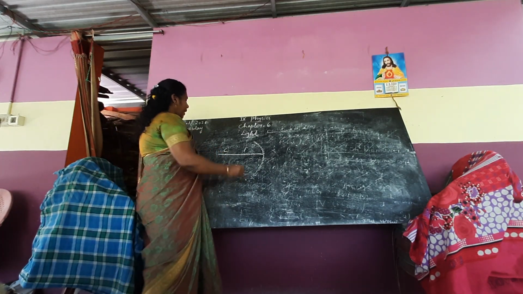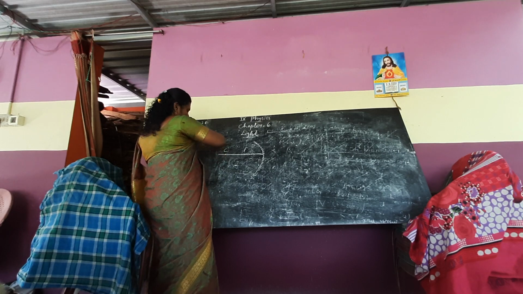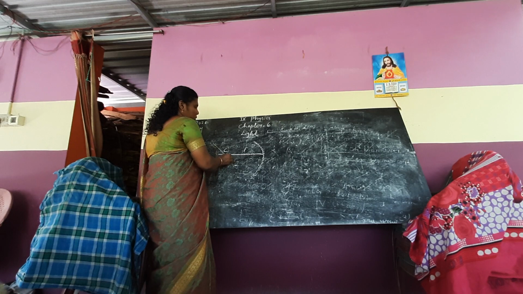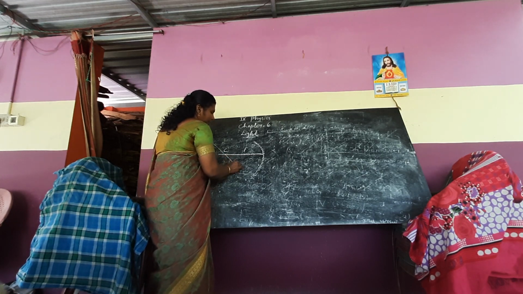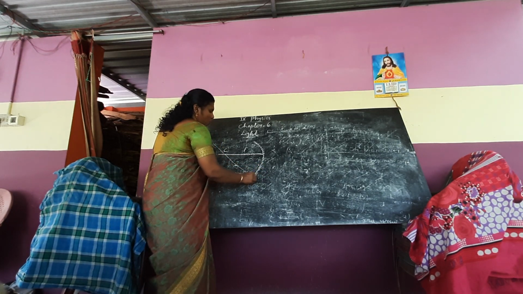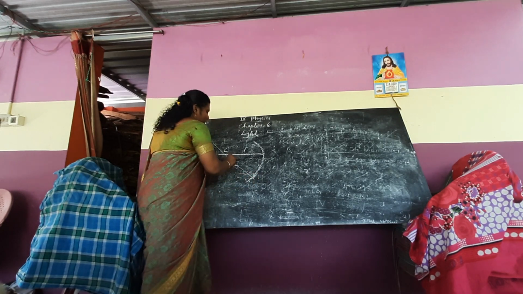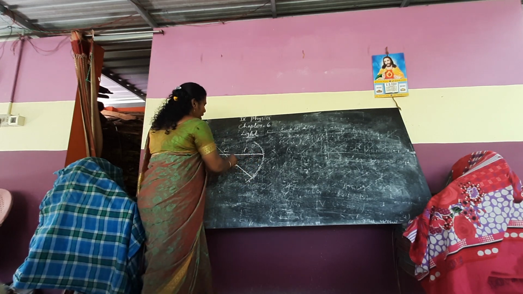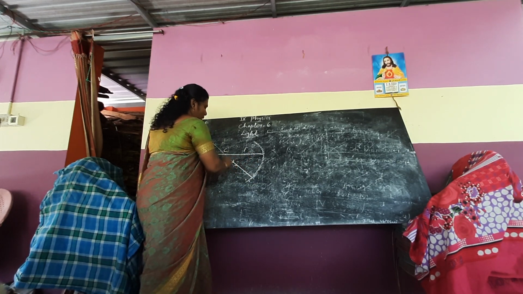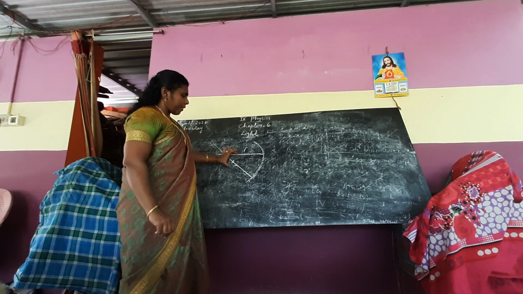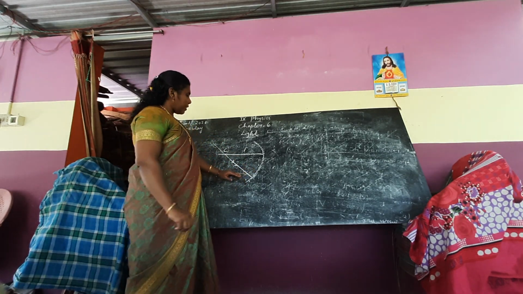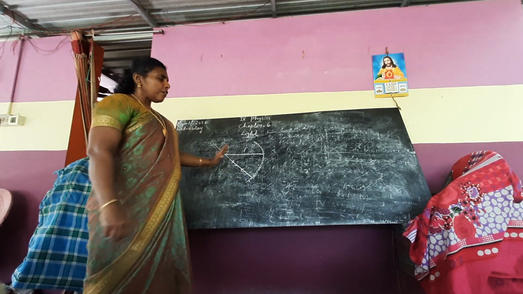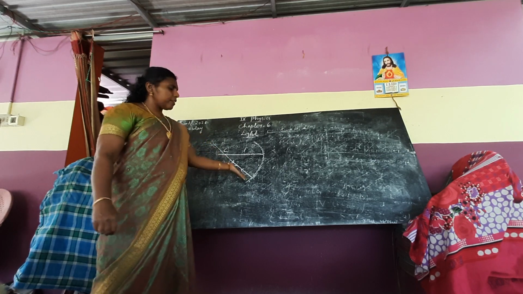Now see, when the ray passes through the center of curvature and falls on the concave mirror, after reflection it should not deviate anywhere, and the same line only it passes through. See the arrow mark. First, a ray passing through the center of curvature, after reflection, passes along the same line without any deviation.